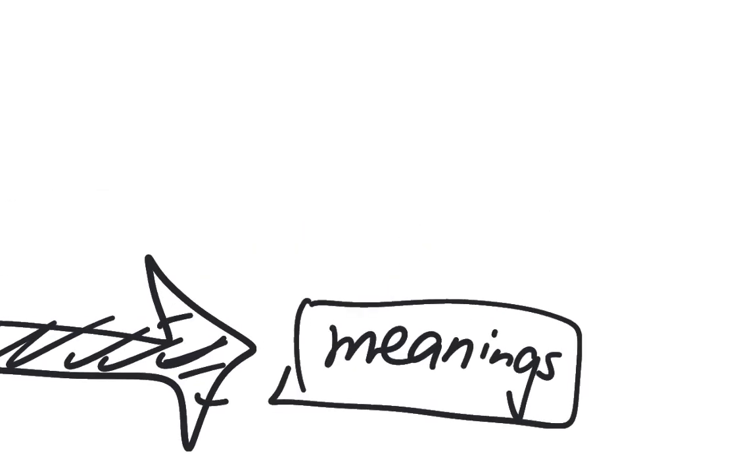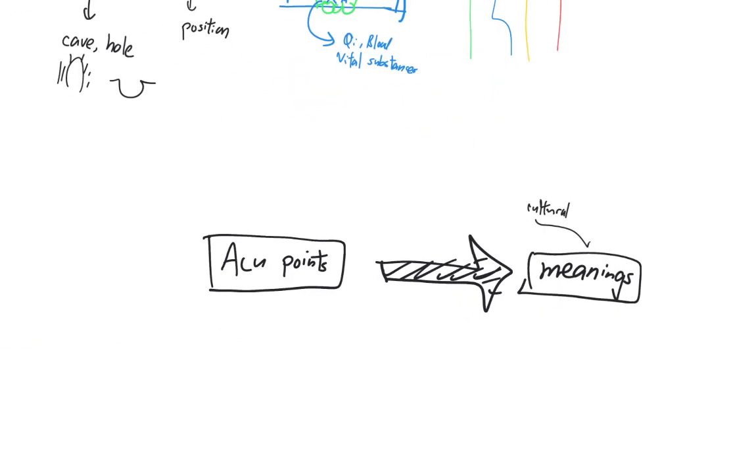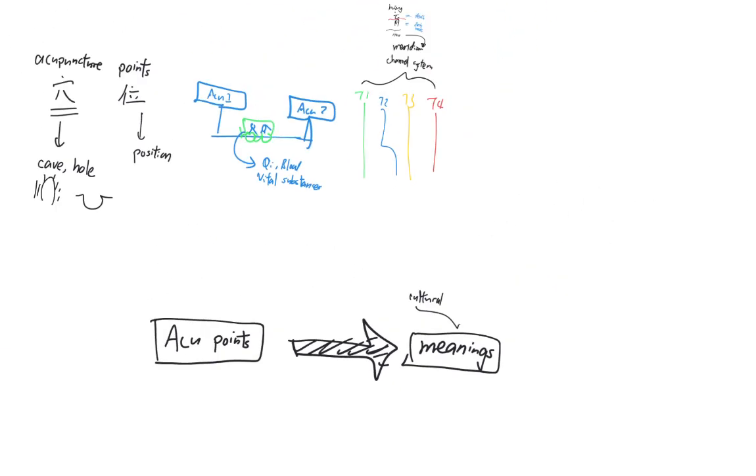There is some part of cultural influence on the meanings. What's more common is the meanings below here. So the common meanings in acupuncture points you'll find are like this.